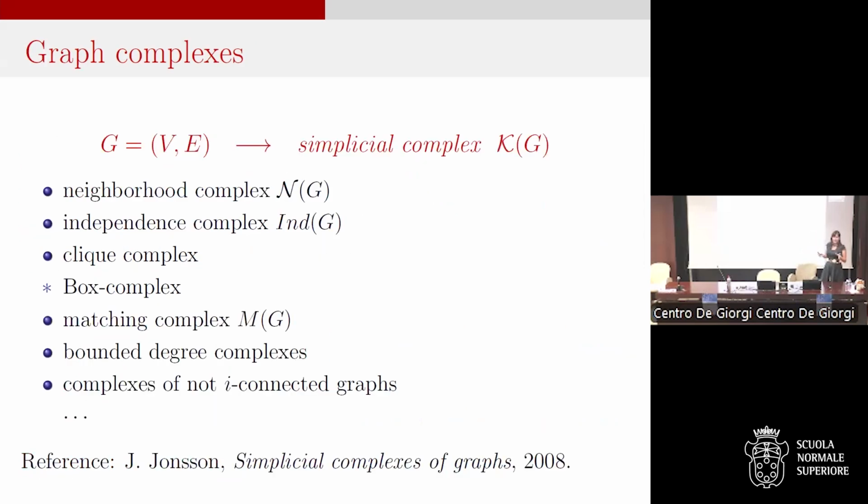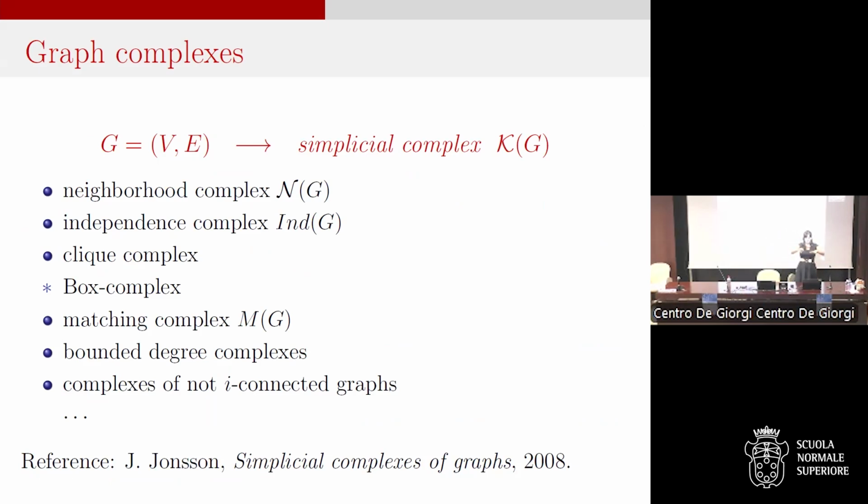So what are graph complexes? A very basic idea would be to have a graph and then construct a simplicial complex in some way. I stated here some well-known graph complexes. I made a little difference here, you see. The first three, the neighborhood complex, independence complex, and clique complex, are constructed such that their vertex set is just the vertex set of the graph.